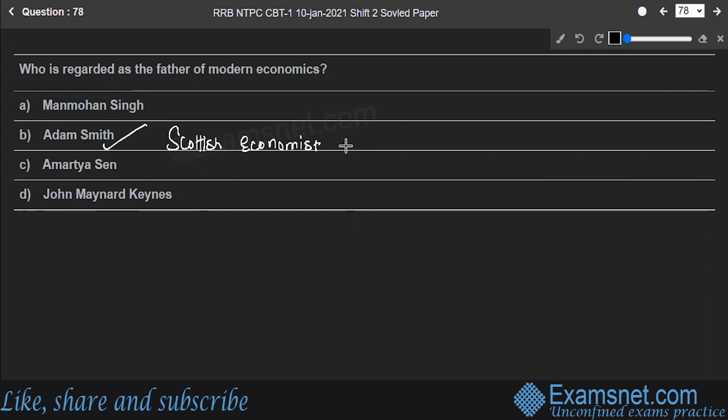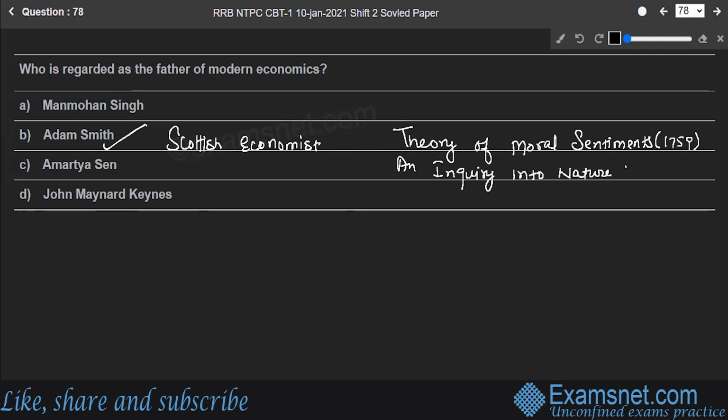Adam Smith's work includes The Theory of Moral Sentiments, 1759, and An Inquiry into the Nature and Causes of the Wealth of Nations, 1776.